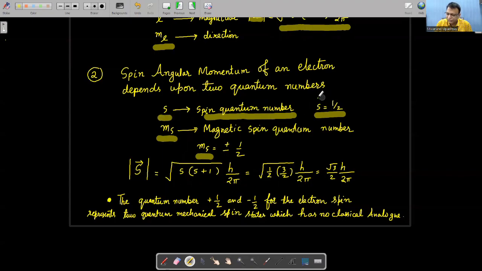For an electron, the value of s is always fixed, equal to half. So if I put s equal to half, the magnitude of spin angular momentum for an electron is equal to under root 3 by 2 into h upon 2 pi. So this is about spin angular momentum.